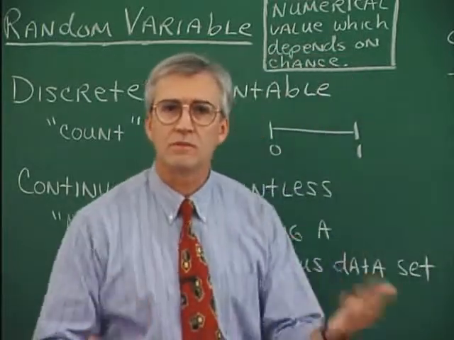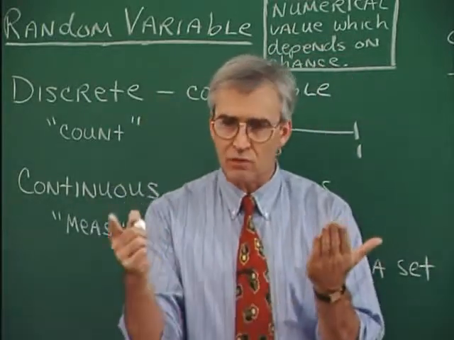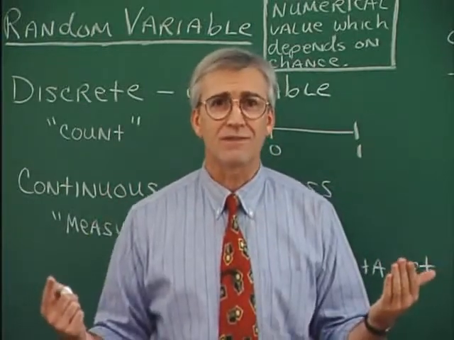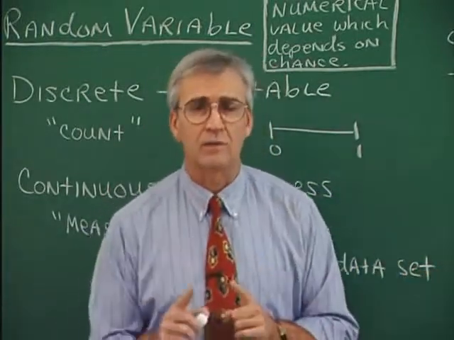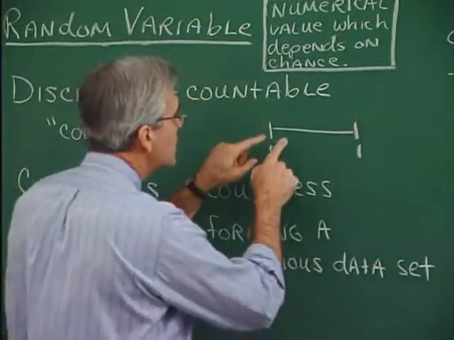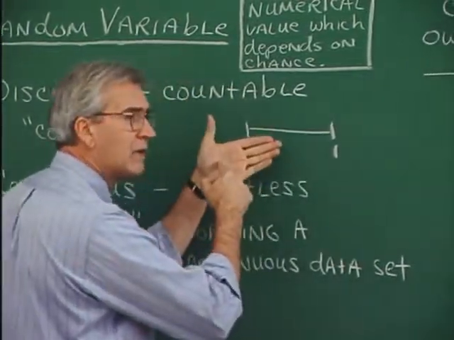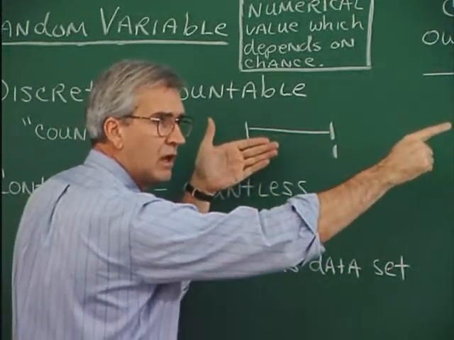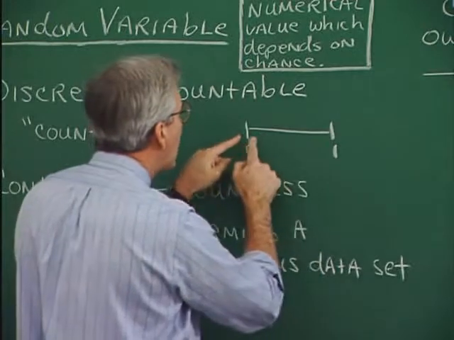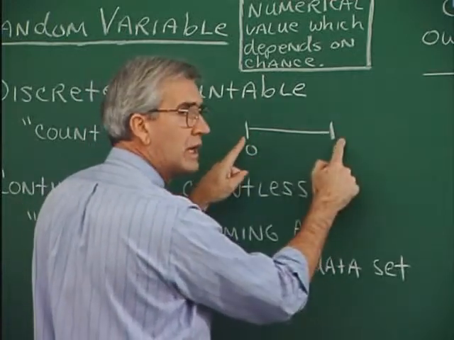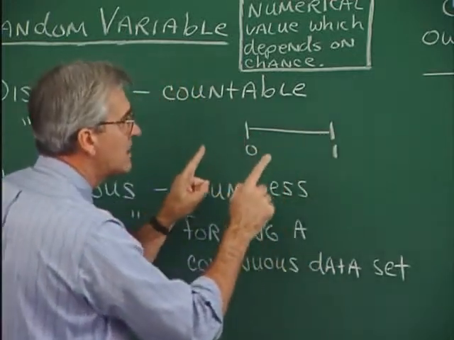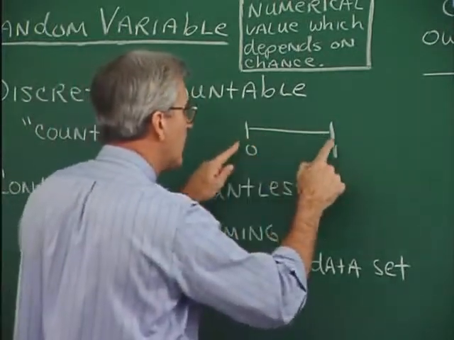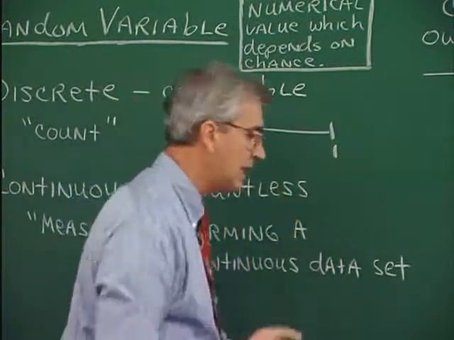No, we won't, because between 1/1000th and 2/1000ths, we have loads of numbers. In fact, we have an uncountable number right there in that little interval. But because of the infinitude of decimal places available to us for a distance from 0 to 1, we have this idea of uncountability. So not only are there an infinite number of numbers between 0 and 1, they're not even countable.